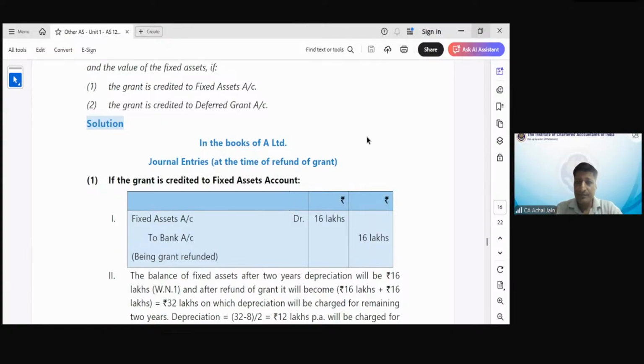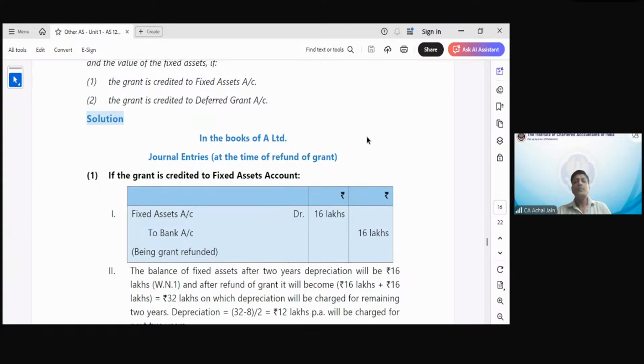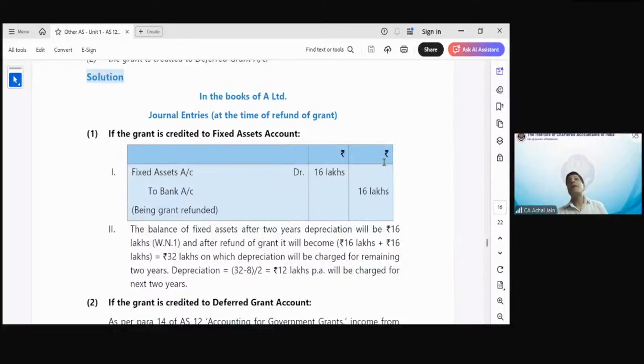Correct? Now, what is going to be the balance of fixed asset after 2 years? So every year, what is the depreciation you will charge? 6 lakhs?